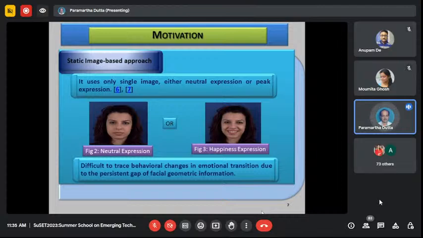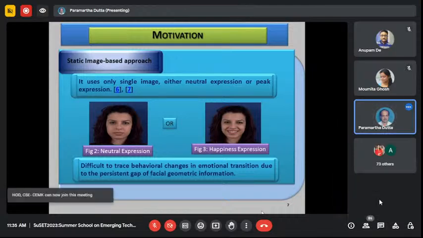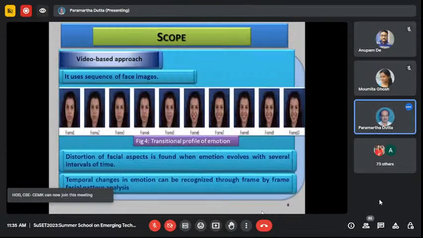Now, in between, an image sequence will be generated, and the order of those images is very important. So, starting from neutral expression to anger expression, that will be available. Now, this is basically a dynamic or video based scenario.